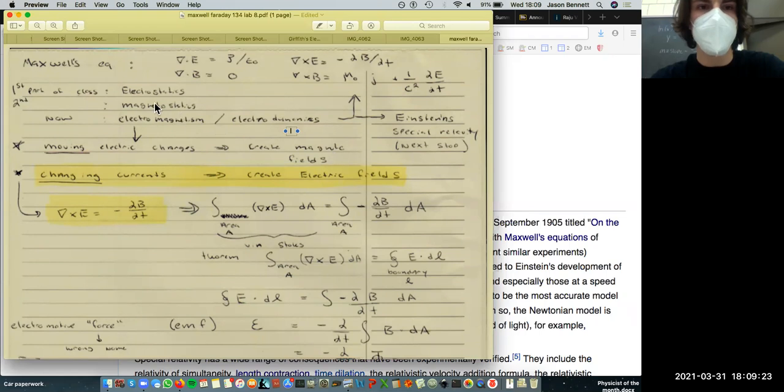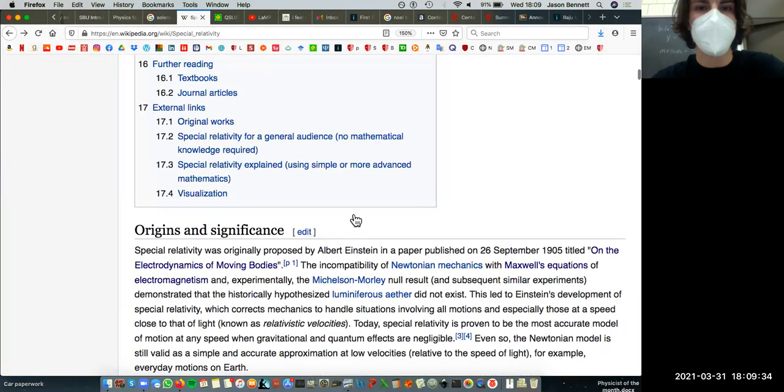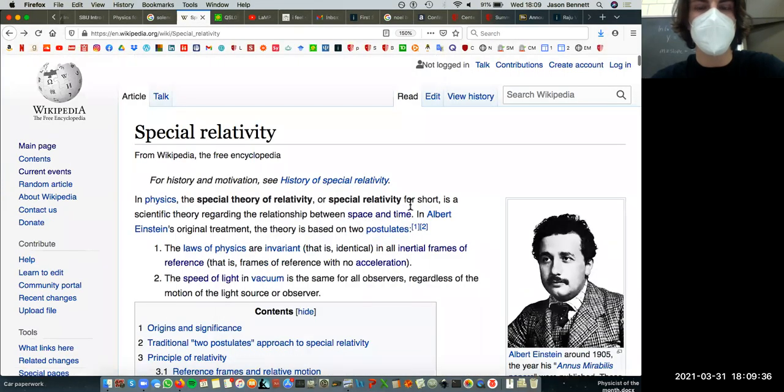Similarly, instead of steady state currents, if we allow the currents to change over time, that creates electric fields. That explains the duality between electric fields with time and magnetic fields in space, and this relationship that Einstein used to derive special relativity and go on to general relativity.